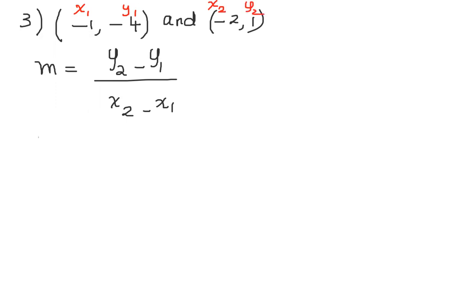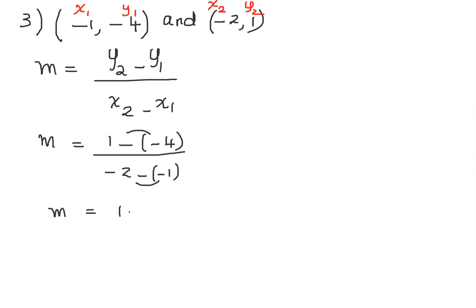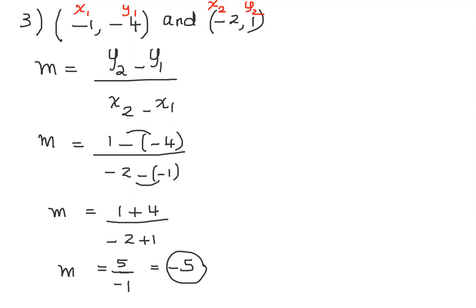So 1 minus -4 over -2 minus -1. Combining the signs, m equals 1 plus 4 over -2 plus 1. So we get 5 over -1, which is -5. So we got the slope as -5.